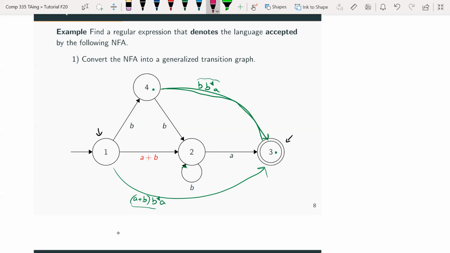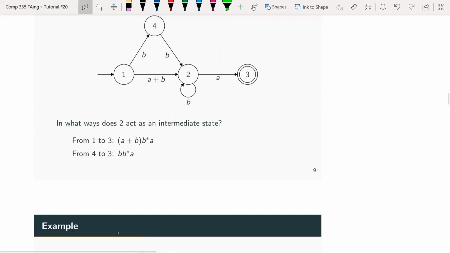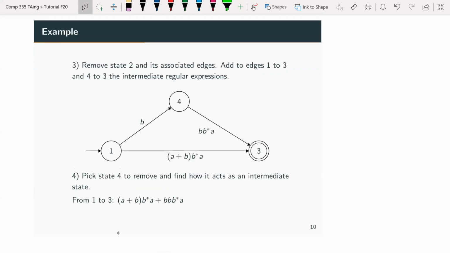So now I can get rid of 2. I can get rid of this incident edge, this edge, this edge, this edge. And so I get a simplified general transition graph where my edges have accounted for removing the intermediate state.